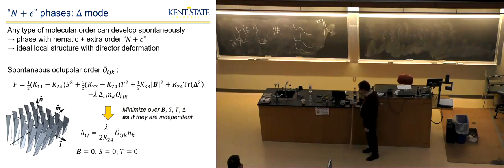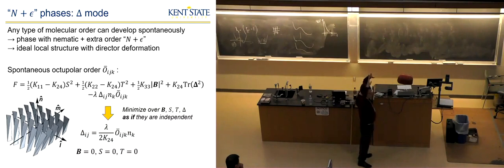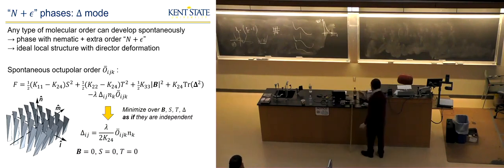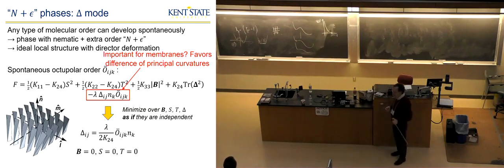So if you have molecules with this funny shape aligned in that way, then the director will tend to tip outwards like this and inwards like that. I have a speculation that this could be important for membranes also.